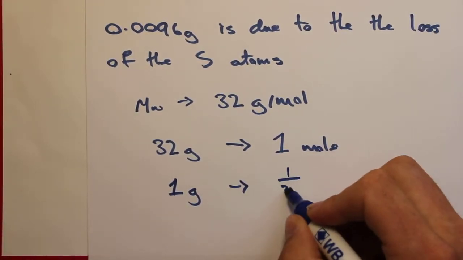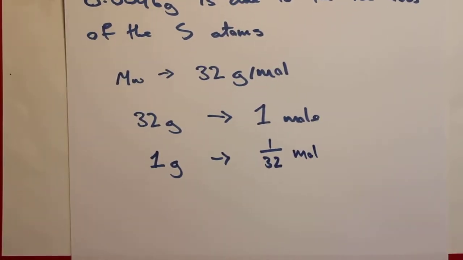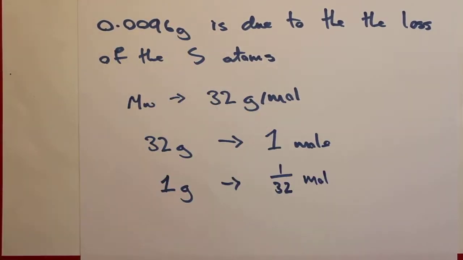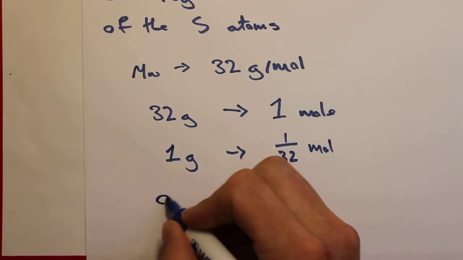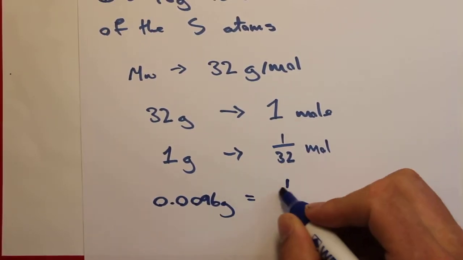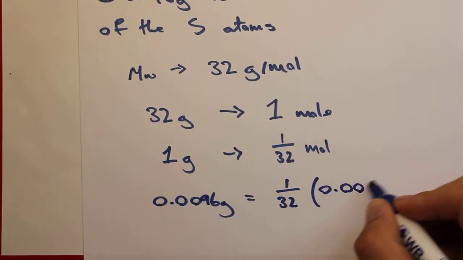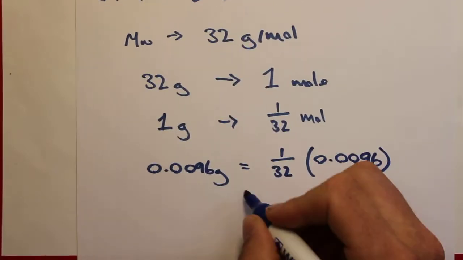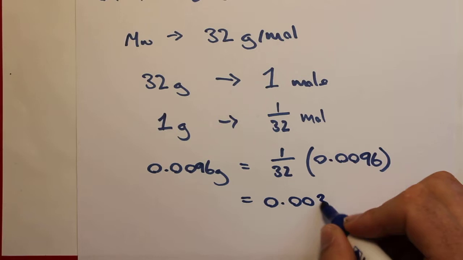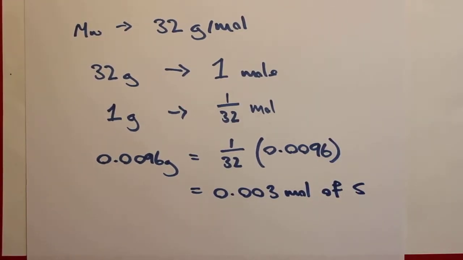So 1 divided by 32 moles. And then we're going to multiply it by our 0.0096 grams. So 0.0096 grams is equal to 1 over 32 multiplied by 0.0096, and that is equal to 0.0003 moles of sulfur.